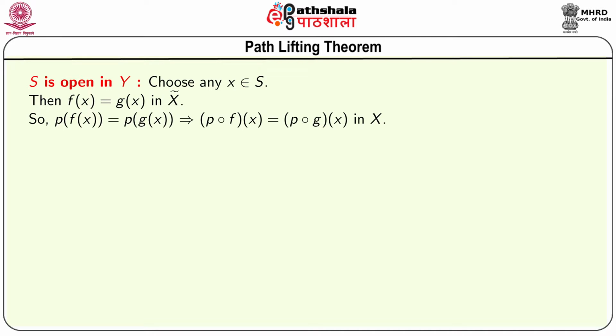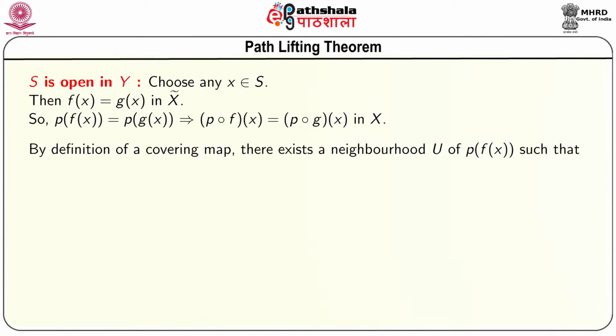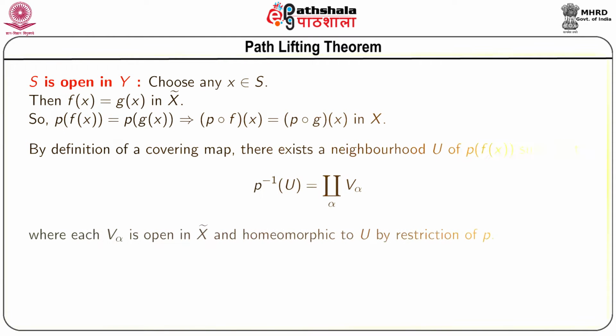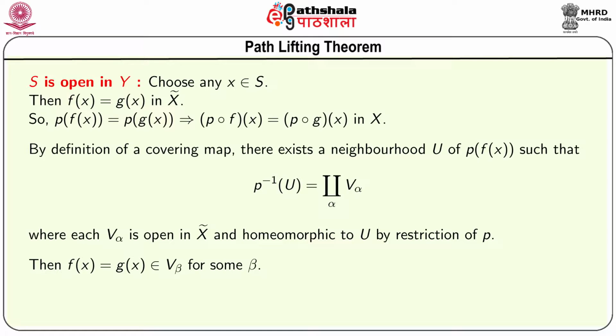So, P of f(x) equals P of g(x), which implies P composed f at x equals P composed g at x in capital X. By definition of a covering map, there exists a neighborhood U of P of f(x) such that P inverse U is the disjoint union of V alphas, where V alpha is open in X tilde and homeomorphic to U by the restriction of P. Then f(x) equal to g(x) belongs to V beta for some beta, that is, x belongs to the intersection of the sets f inverse V beta and g inverse V beta.